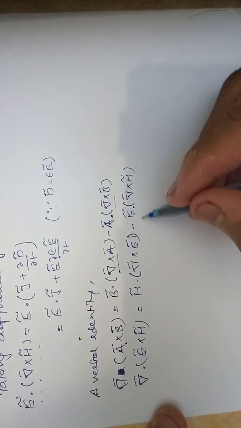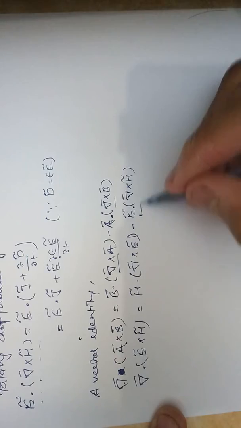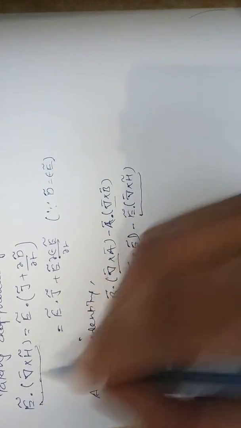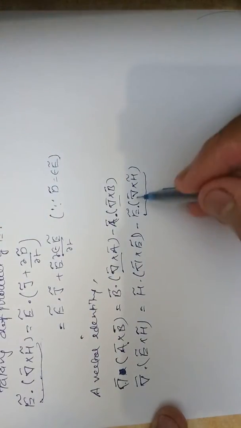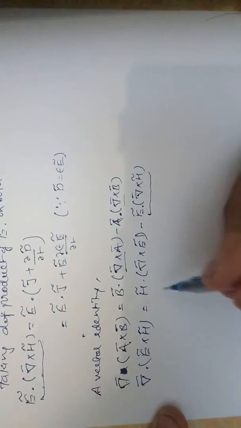So I can take the value of E dot del cross H from this equation and put it here.